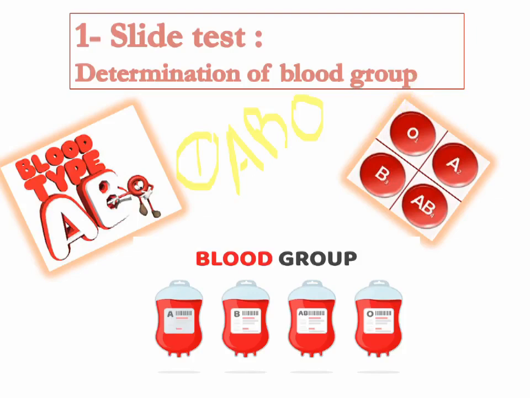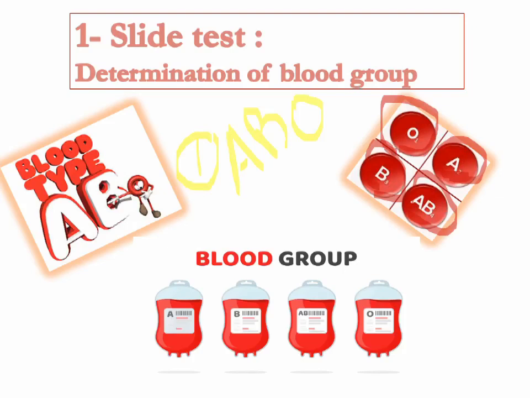From your previous knowledge from high school, what are the different blood groups that you know? Yes, you know that you have the A blood group, the B blood group, the AB, and the O blood group. Why do these groups have the names A, B, AB, O?